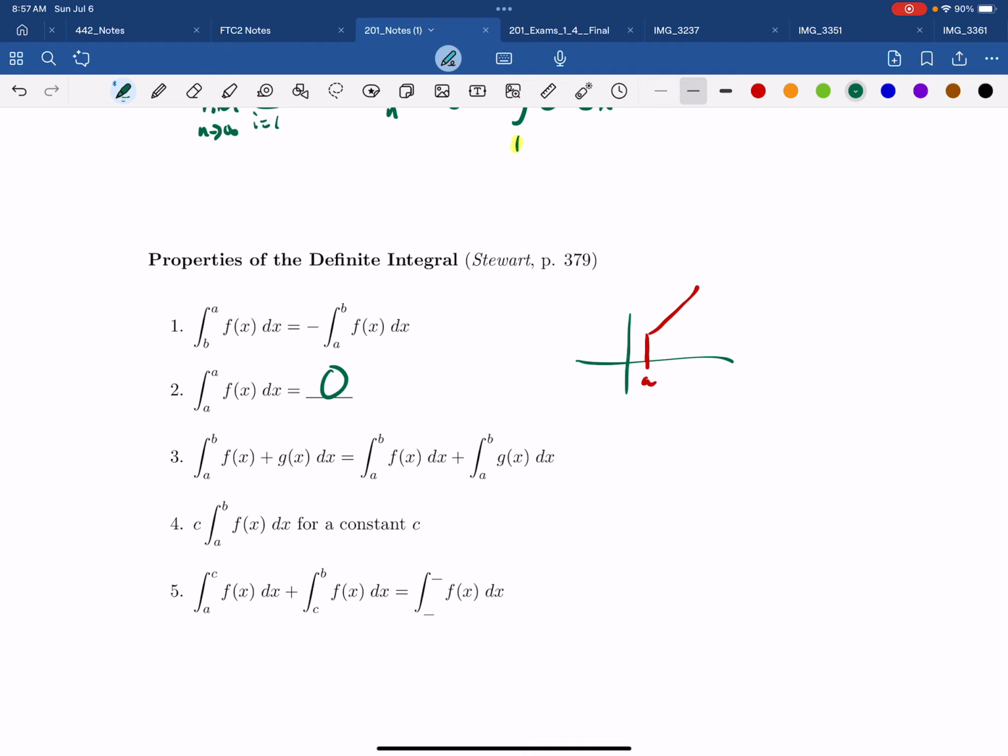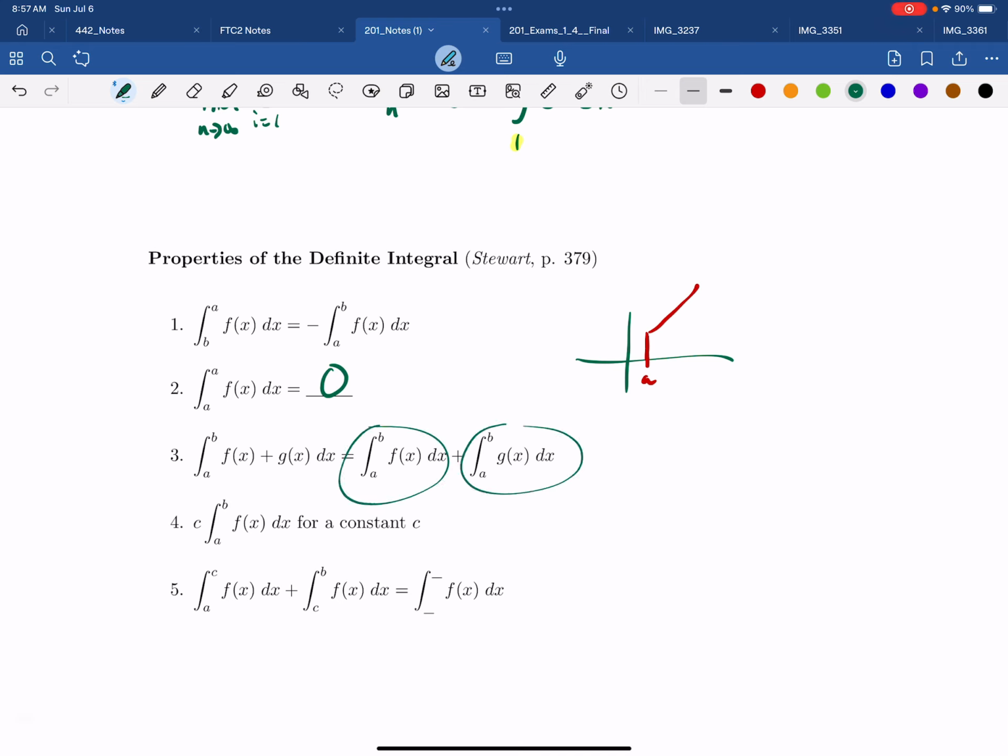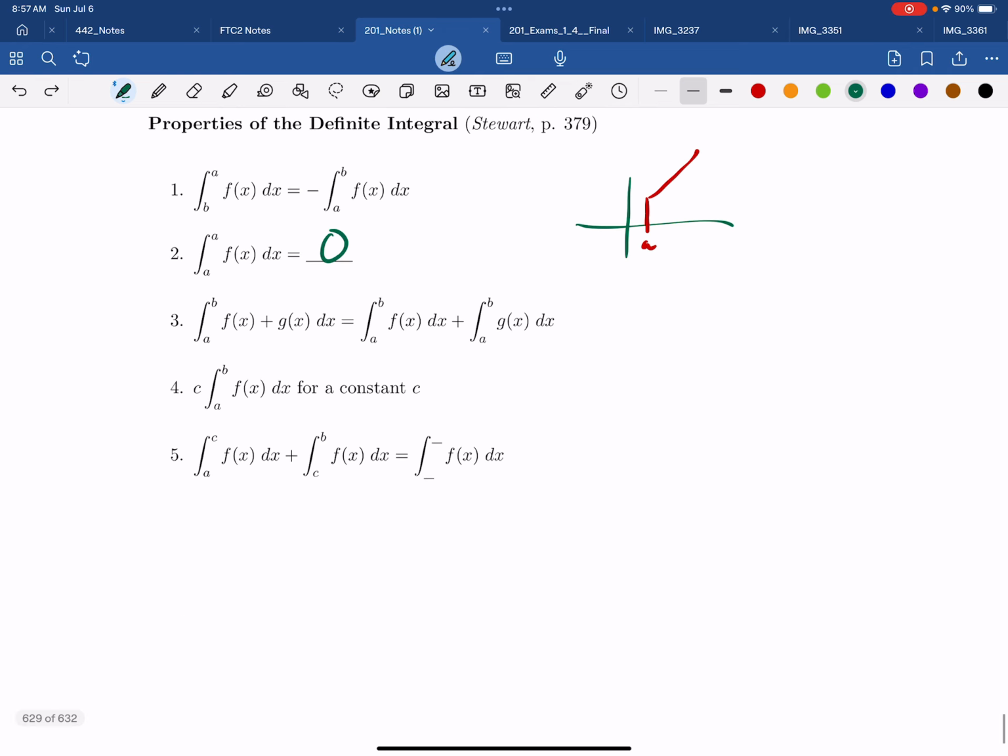This is not completely obvious, I don't think, but you can show that you can split an integral up by each term. So the integral of the sum is the sum of the integrals, right? It turns out a constant times the integral also works.